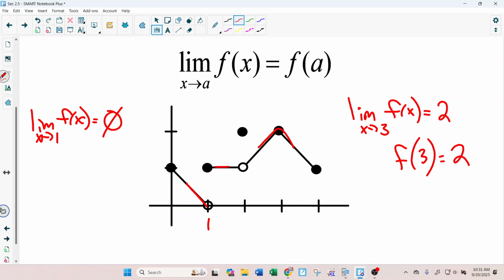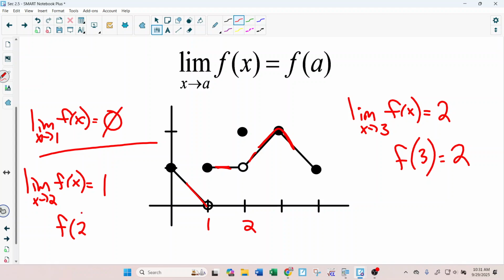So at the point 3, you could graph that there without lifting your pencil, right? That's the idea. Another one. What about at 2? What is the limit at 2? Well, you approach from the left and the right, you get 1. But what is our functional value at 2?